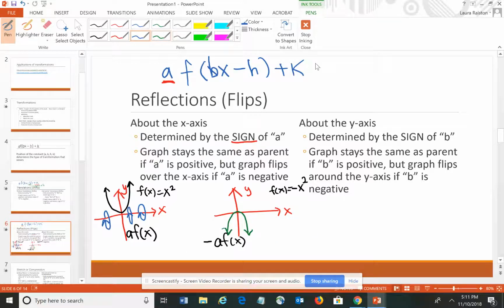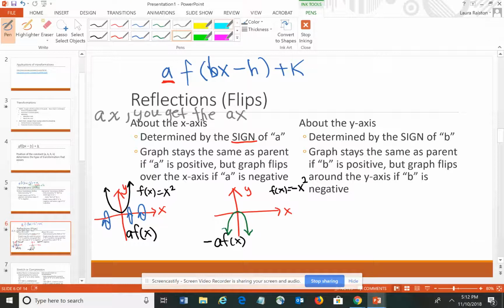Again, sometimes students get that confused, and I have kind of a stupid little saying that sometimes helps students remember it. A, you reflect on the x, you get the ax, because ax spells ax. So A, the sign of A determines whether you reflect on the x, and you get the ax.